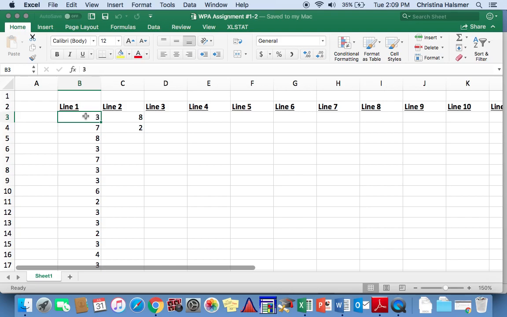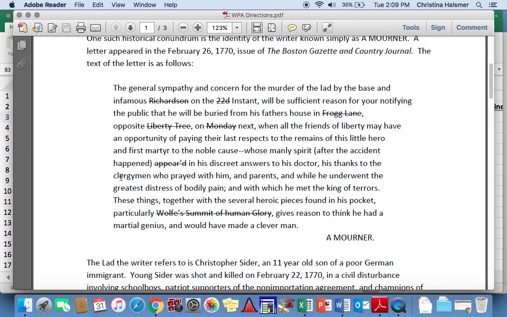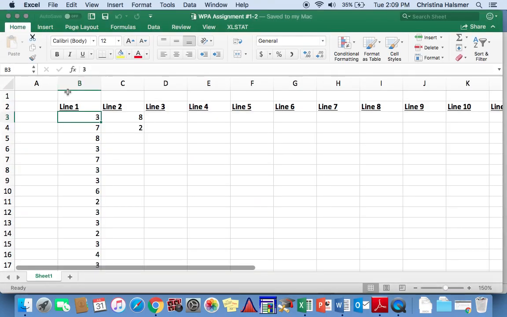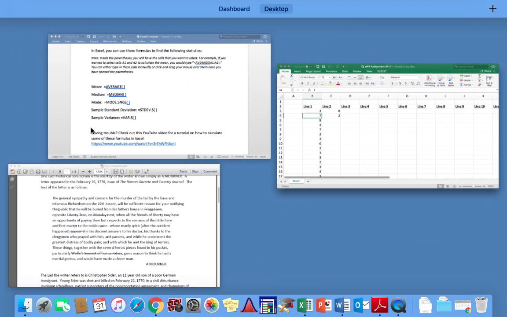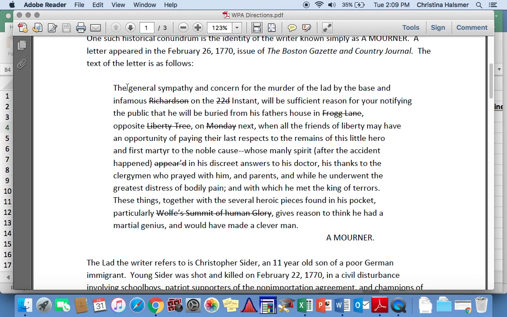If we go back to the letter, let's look at the first word. It's "the", and that has 3 letters, so that's why there's a 3 here representing that word. The next word has 7 letters, so if we go back and check, "general" has 7 letters.